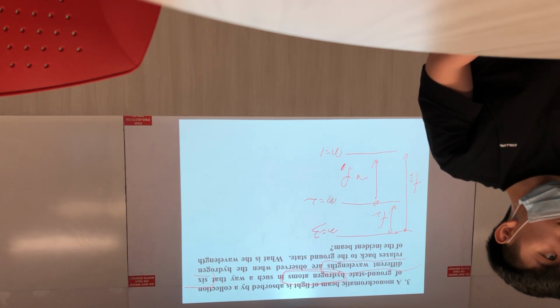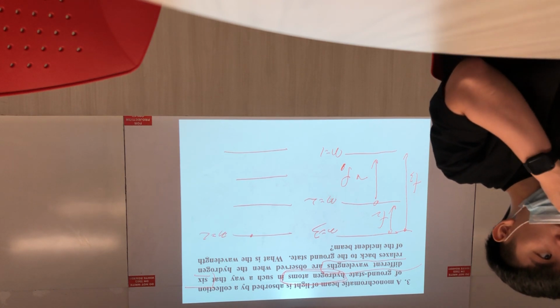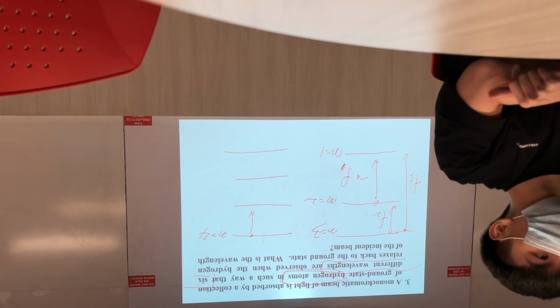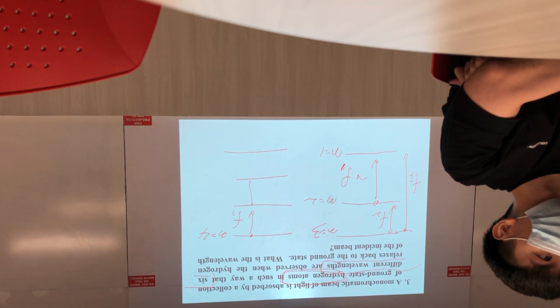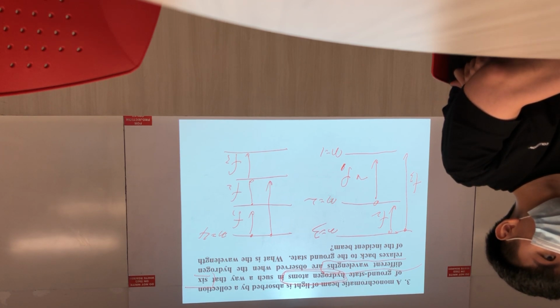Now let's expand this to 4 energy levels: 1, 2, 3, 4. Then the electron excited to energy level 4 can come down to the next energy level with emission of F1. This can also decay to the subsequent level as F2, and then we are going to have F3. And then this one can also decay down to the n equals 2 level, which will generate F4.